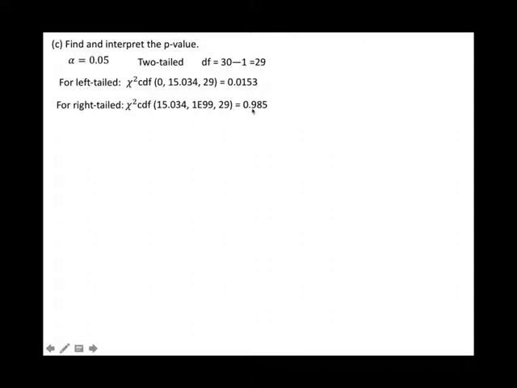So you guys should get 0.985. Okay, we're going to pick the smaller one. So the p-value will be equal to 0.0153. And then we're going to interpret the result. Since the p-value is strictly less than 0.05 here, we're going to reject the null hypothesis.